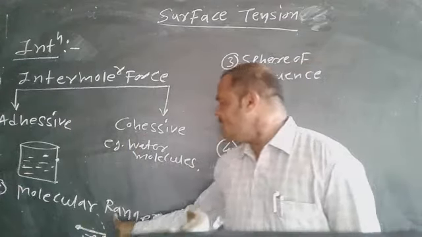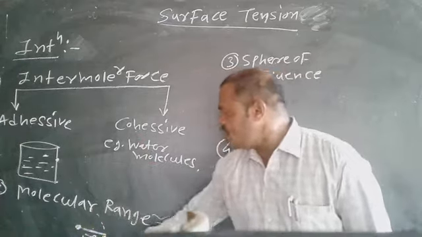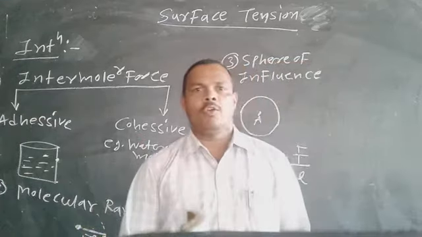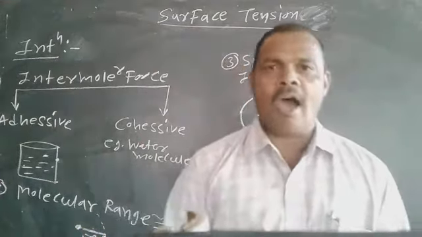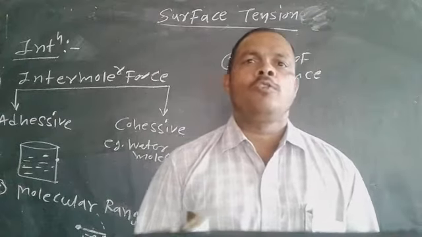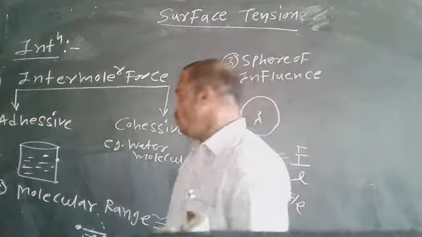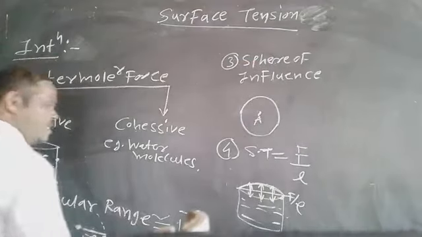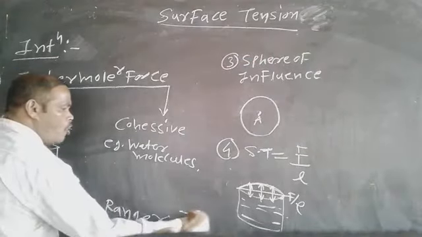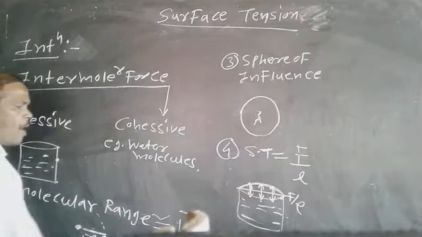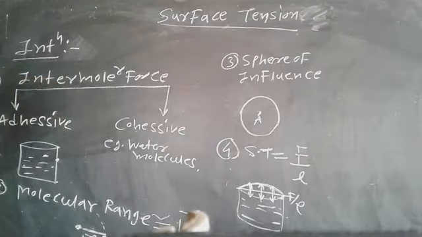Then molecular range, maximum distance up to which the cohesive forces are effective or force of attraction is effective is called as molecular range. It is of the order of 10 raised to -9 meter.